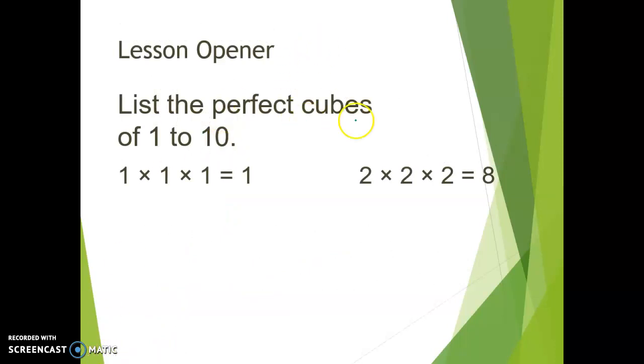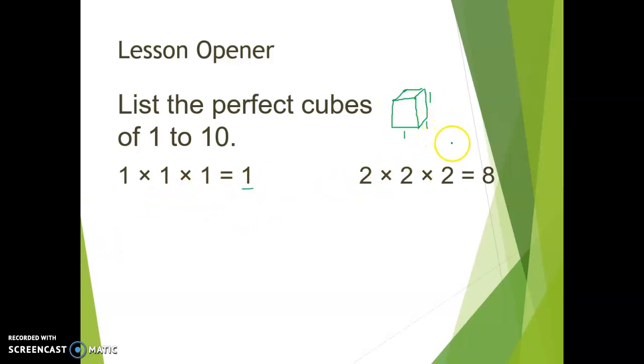And a perfect cube, if you think about what you know about a cube here. Sorry, this is going to be a very rough drawn cube, but a cube is the same length on 3 sides. So this is a 1 by 1 by 1 cube. 1 by 1 by 1 equals 1.